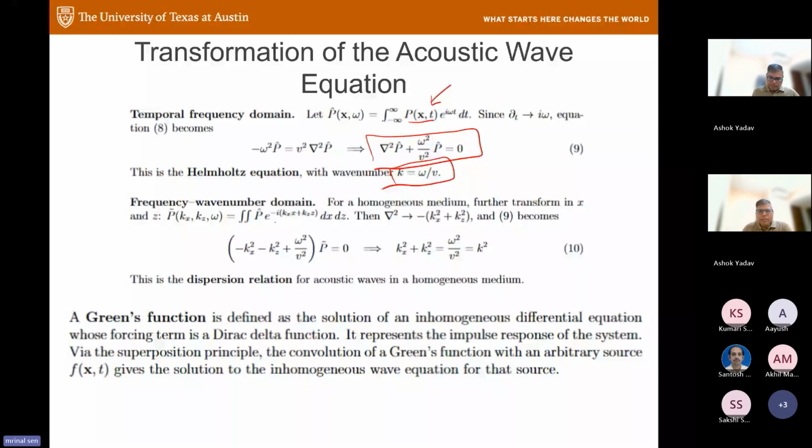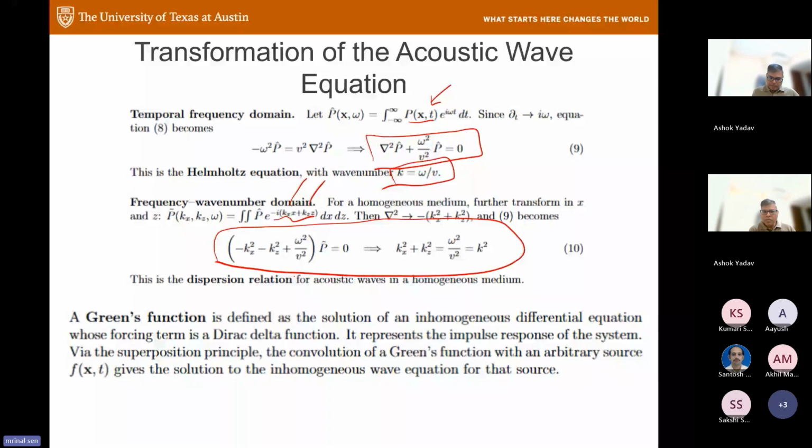This is basically kx and kz, the wave numbers in the x and z directions. So you take this wave field and take this two-dimensional transform. In 3D, it will be three-dimensional, and that gives you this equation. And here, kx squared plus kz squared is nothing but your wave number squared. And this is called the dispersion relation.